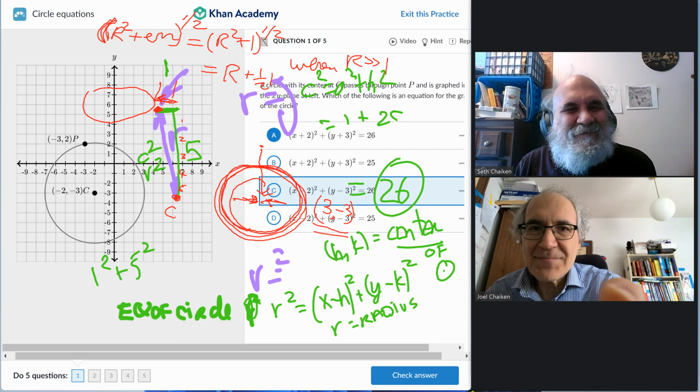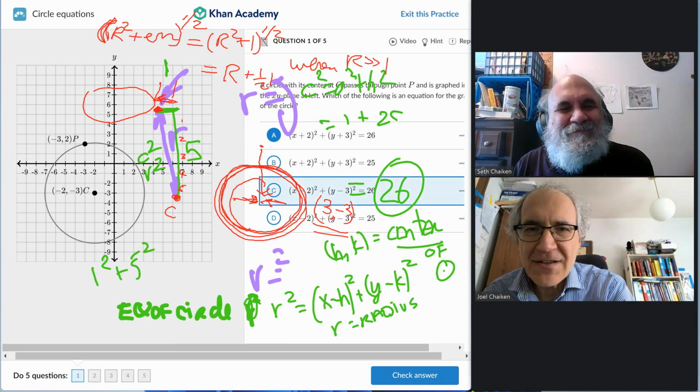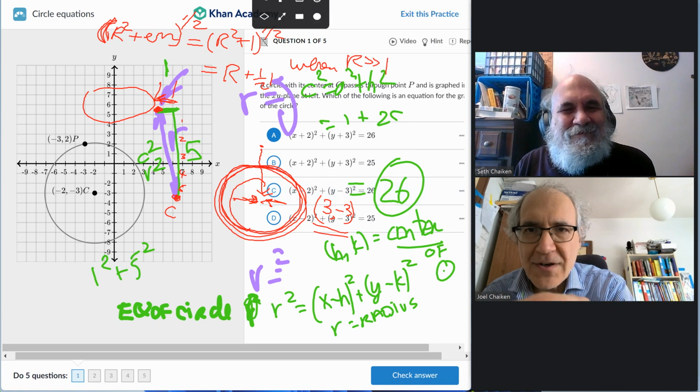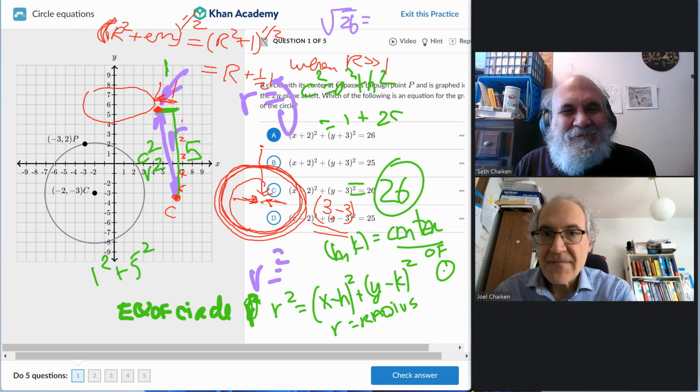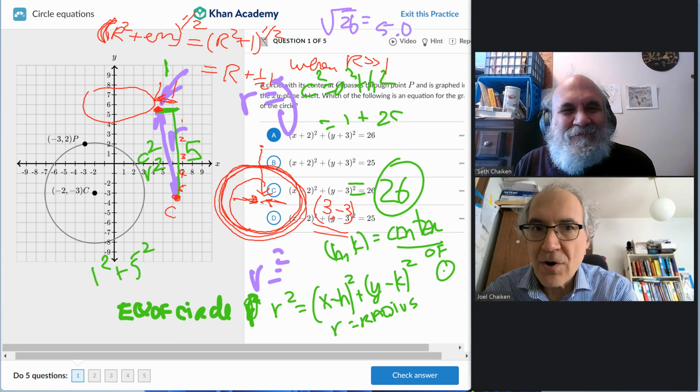Yeah, but you don't have to go through all the theory. You just take the square root of 26 and then compare it to 5. If you take the square root of 26, you get 5.099 compared to 5.